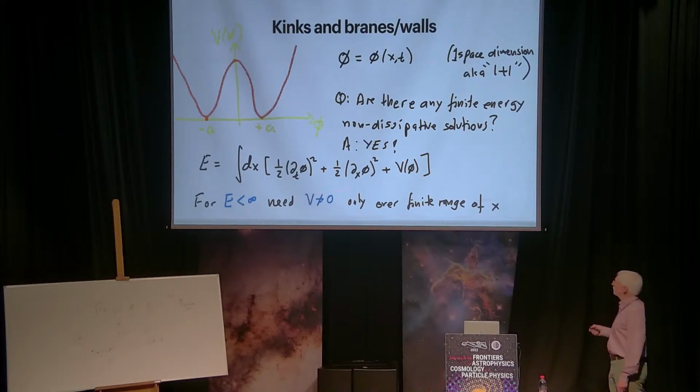You've seen this also when you've studied strings, for example, in elementary physics. So in order to have solutions which have finite energy, I want to look at a fixed time configuration and then evolve it in time, and that's what I'm going to be thinking. But if the potential is non-zero over an infinite region, then clearly this integral is going to diverge.